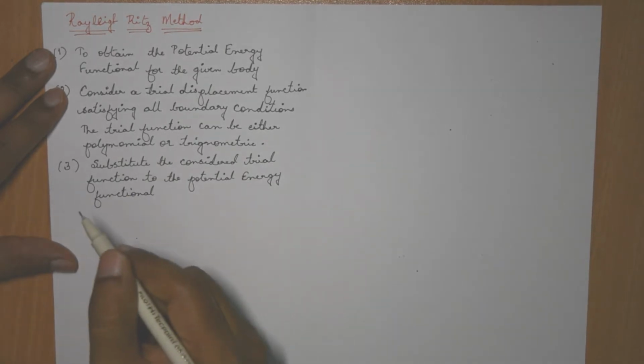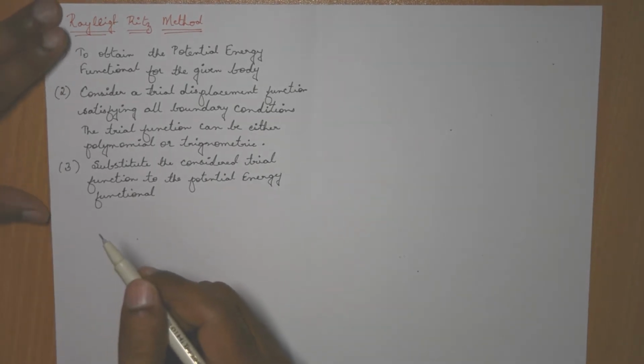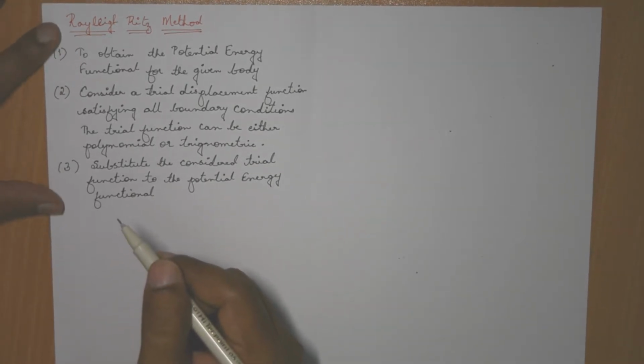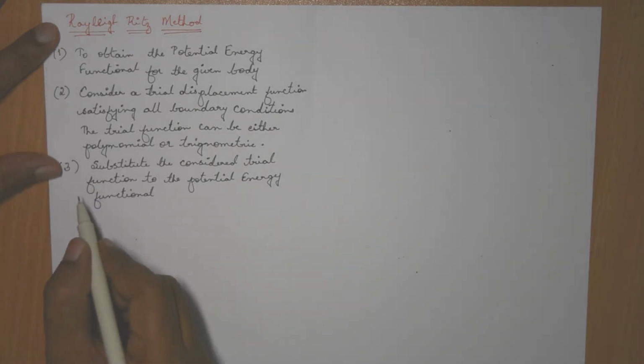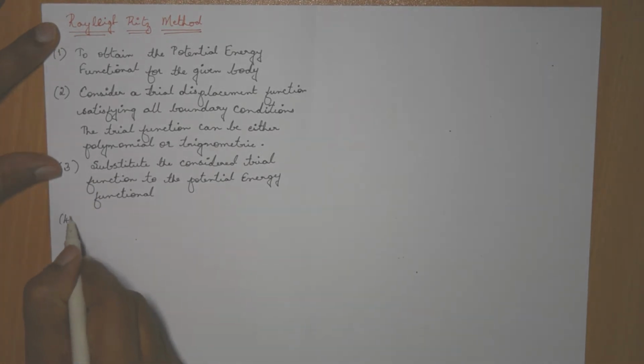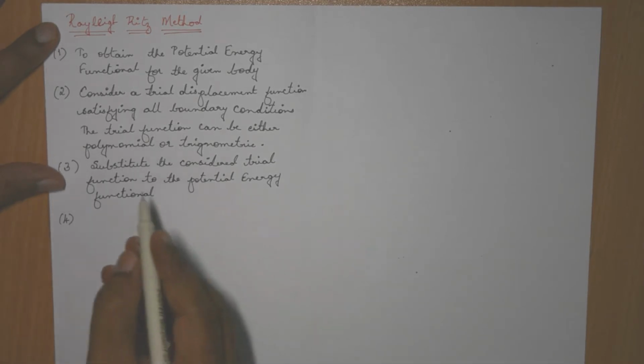The potential energy functional is strain energy plus work potential. To that you will be substituting the trial function that is assumed.